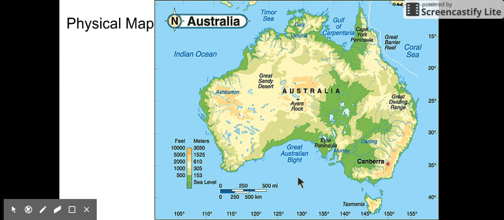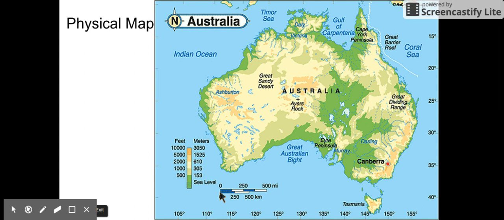It wouldn't work. So what map makers do is they use distance scales. And distance scales clearly show what the distance or measurement on a map is equal to in real life.